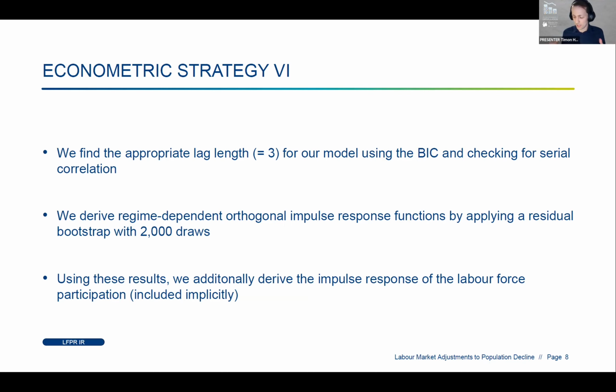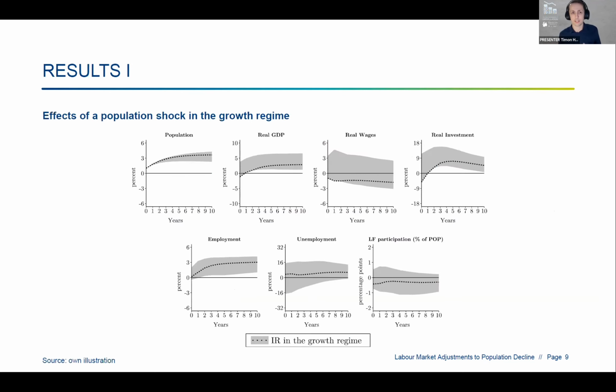Okay, so having talked a lot about our econometric strategy, we can now turn to analyze some first very preliminary results. If we turn to the next slide, what we can see here are impulse responses to a positive population shock in times of population growth.